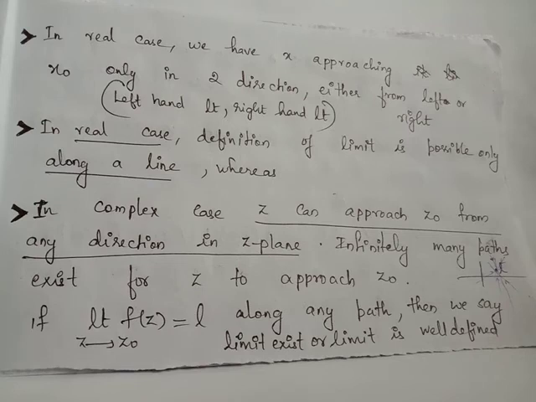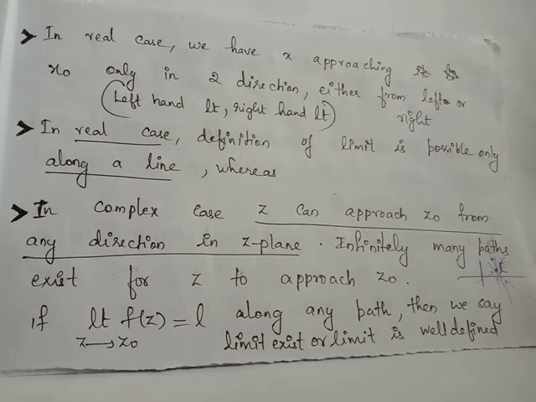In the case of real numbers, we have the definition of limit along a line, but in the case of complex numbers, the complex number z approaches z0 from infinitely many directions.